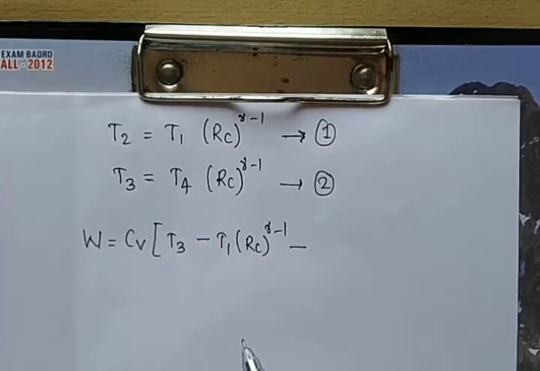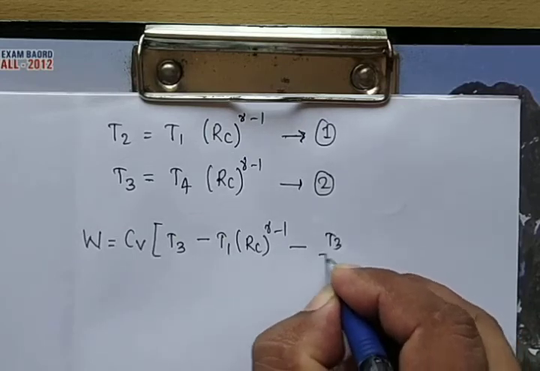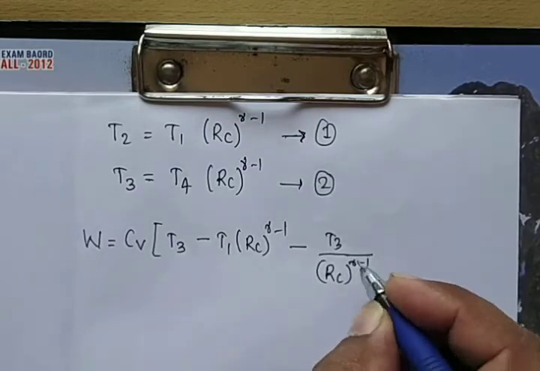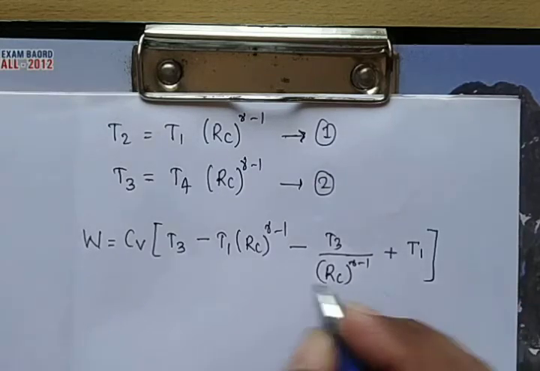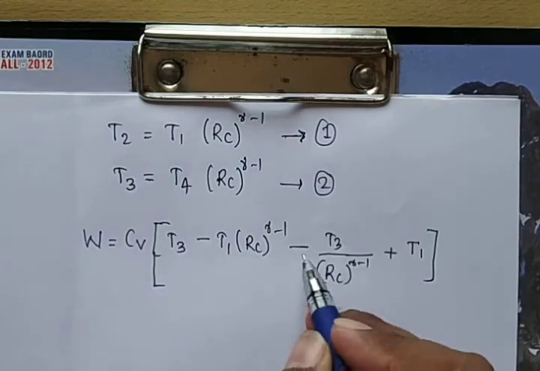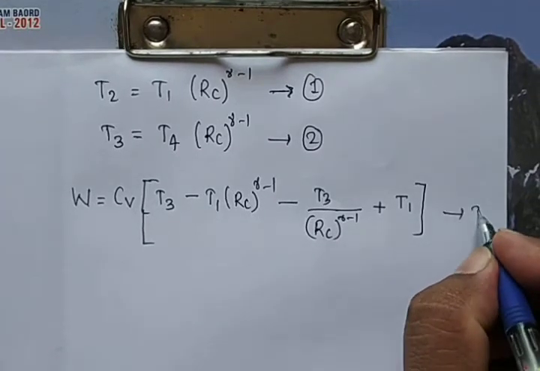I want T4, so T4 will be T3 divided by rc to the power gamma minus 1, plus T1. So I have removed that bracket. So minus minus will become plus. I will call this equation 3.